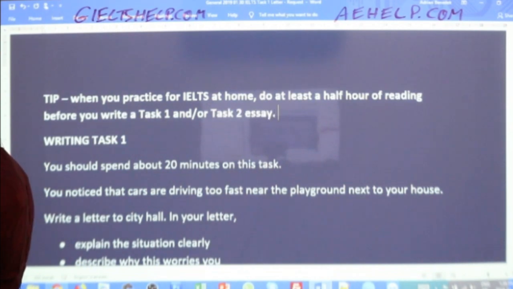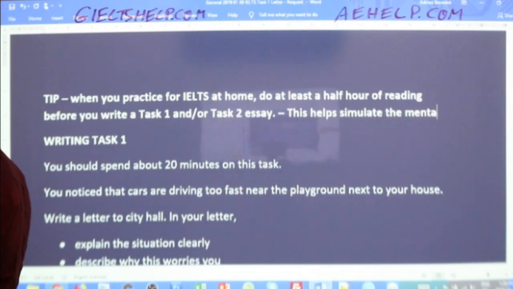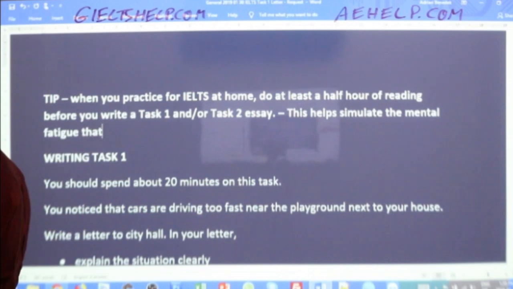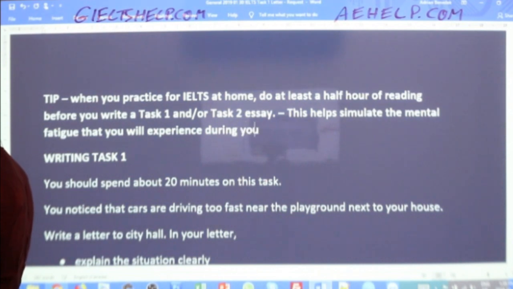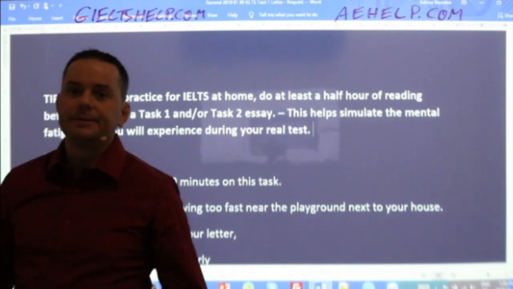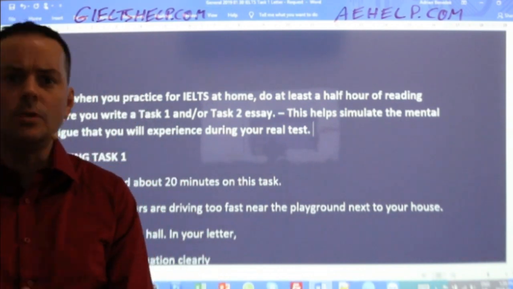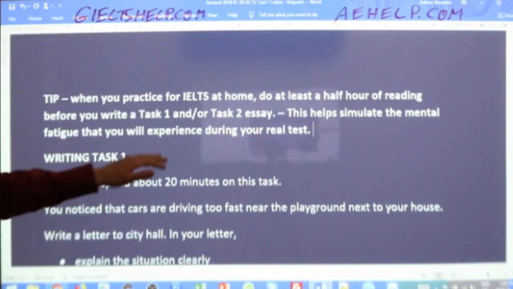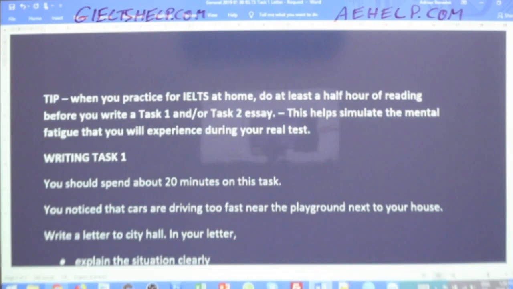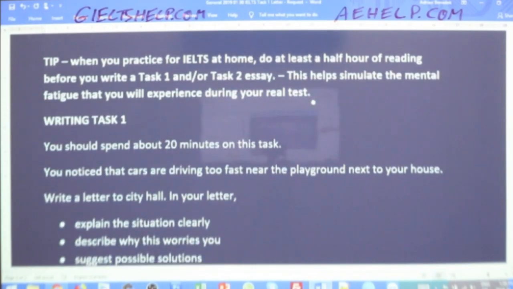Okay, this helps simulate the mental fatigue that you will experience during your real test. Okay, so it's important to do that. All right. Okay, so that's just a really nice tip to consider, especially as you're getting closer to the exam date.